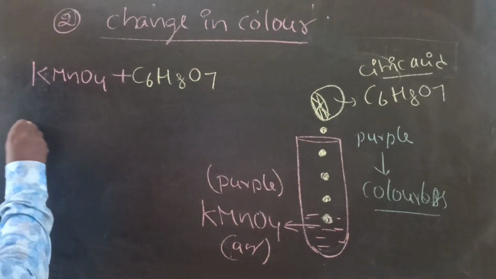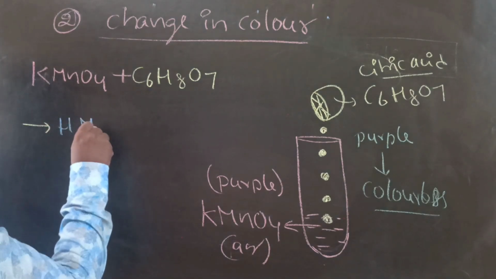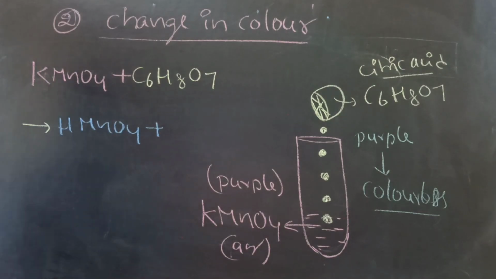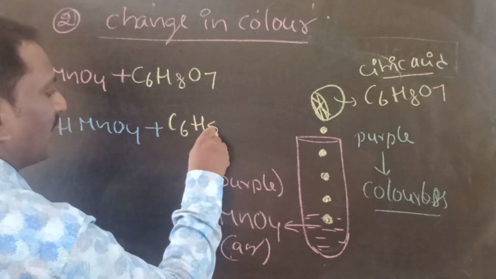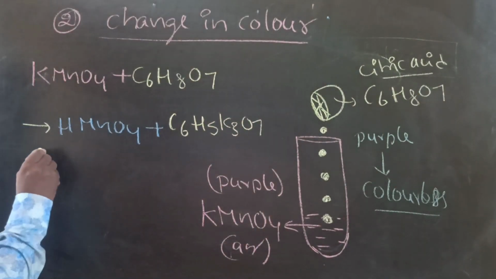So potassium permanganate reacts with citric acid C6H8O7 and gives HMnO4, permanganic acid, and potassium citrate, C6H5K3O7. This one is permanganic acid.